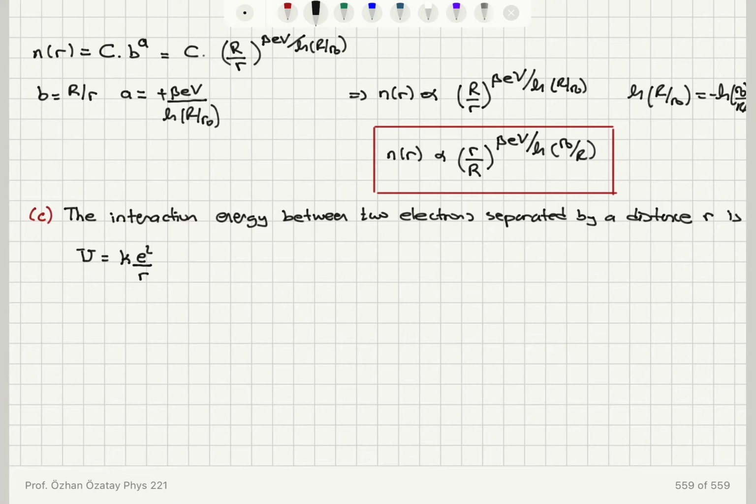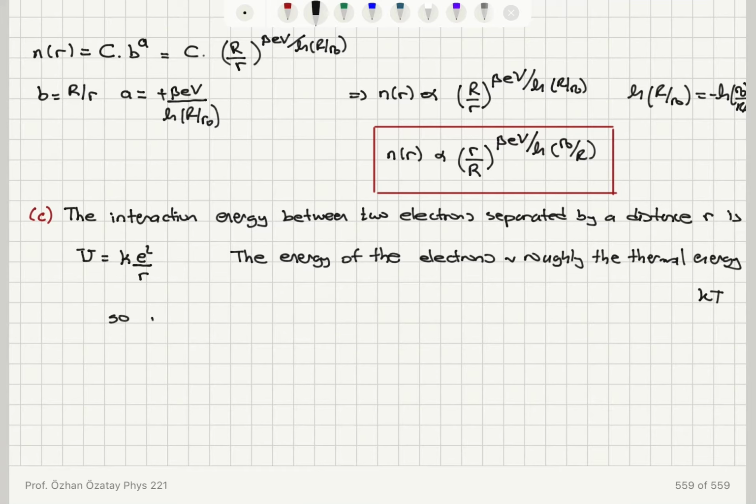And how about the energy of the electrons? The energy of the electrons in the electron gas is roughly the thermal energy, because it's maintained at a high temperature T. The thermal energy is kT.